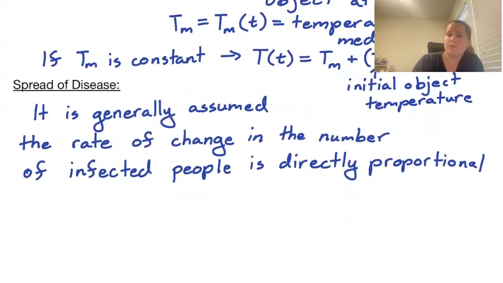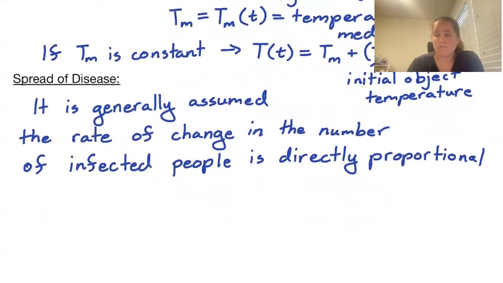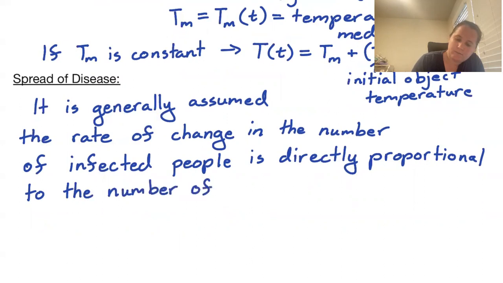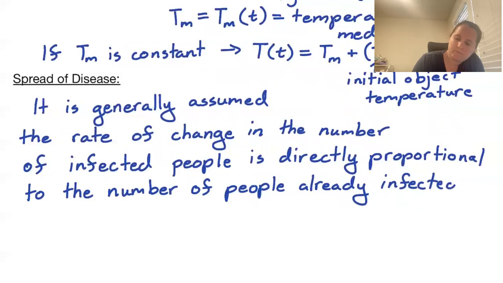It's directly proportional to the number of people who are infected, presuming that each person will spread the disease to, say, 2 people or 3 people. And it's also proportional to the number of people who remain to be infected.